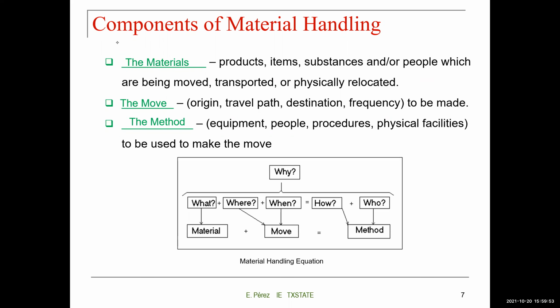For the move is where are you going to move this and when. And then the method is how are you going to do that and who is going to do that. So by answering these questions, you can identify the material, the move, and then also decide the method. All of them together is the why.